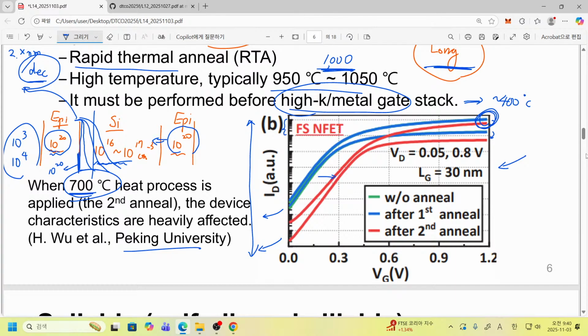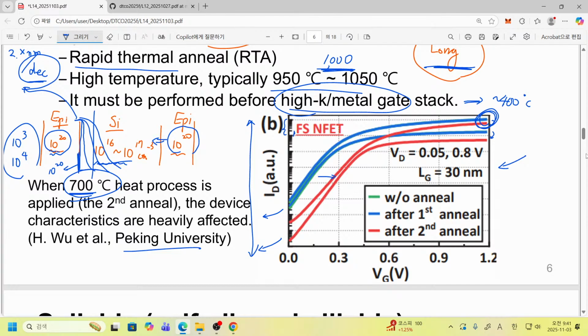And this small difference corresponds to a 2 times reduction. So the on current is more than twice reduced by applying this heat process. It is not acceptable at all, so we cannot endure this kind of reduction. Also, the threshold voltage itself is quite shifted.